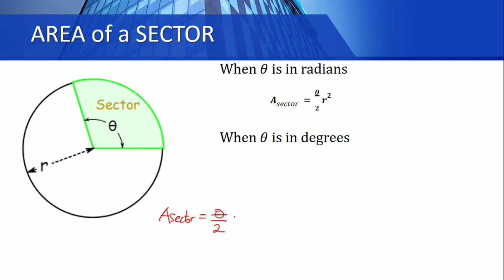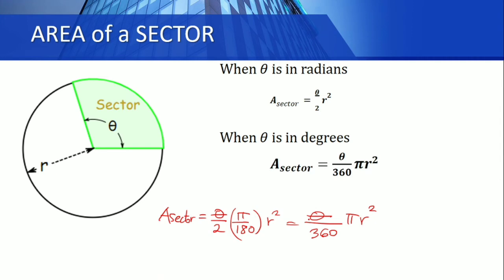So, multiply natin ng pi over 180 para maging degrees. Multiply by r. So, that will be equal to theta over 180 times 2. That will be 360 degrees times pi r squared. So, kapag yung theta natin is naka-degrees, so ito yung gagamitin nating formula. So, that will be area of a sector is equal to theta over 360 multiplied by pi multiplied by r squared.